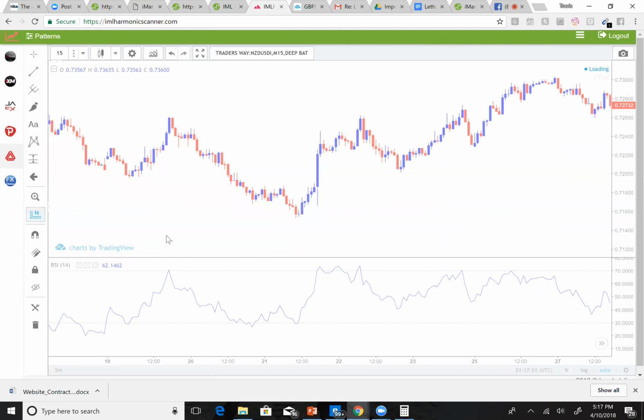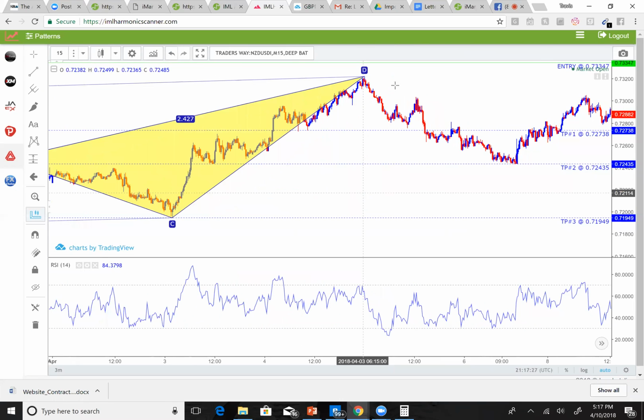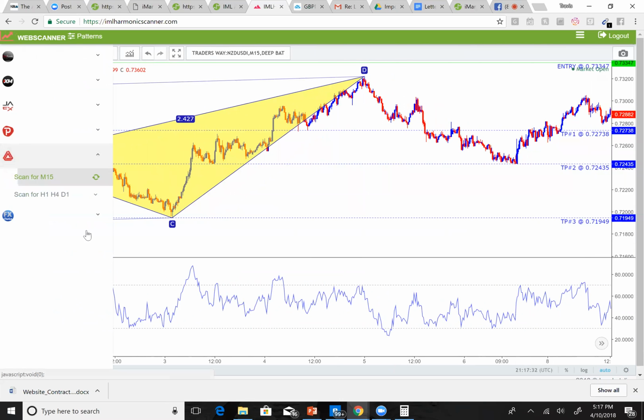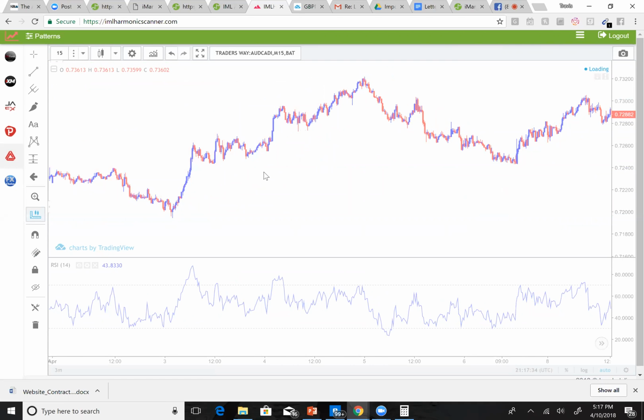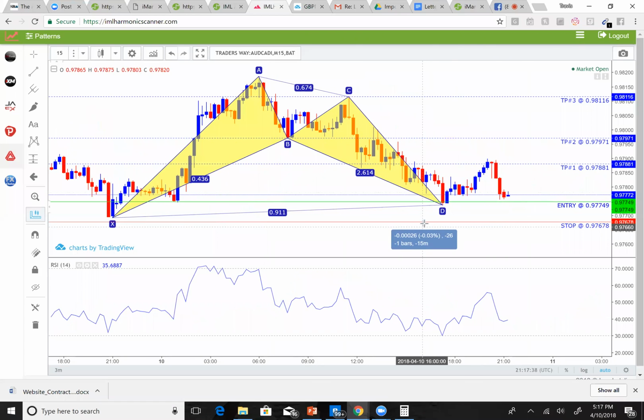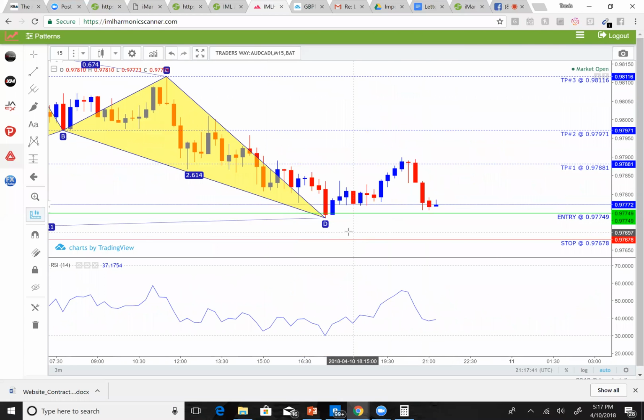USD, where are we at? We never got up to it. This one is a little iffy to me, only because it just crossed.